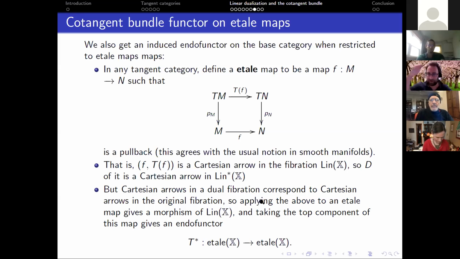And if I take the top component of that, that gives me an endofunctor from étale maps in X to étale maps in X. So, just from general fibrational theory, the étale maps are those for which these squares are Cartesian maps in the fibration, and we get this endofunctor on étale maps, which is sometimes how the cotangent bundle functor is talked about.